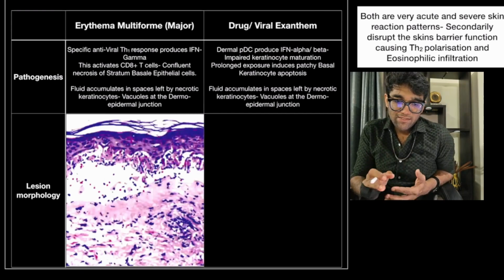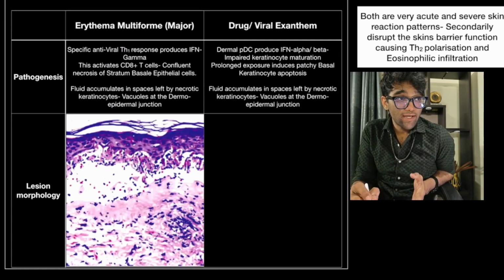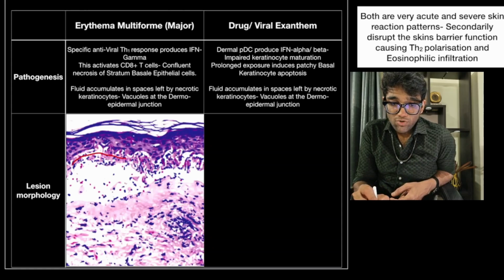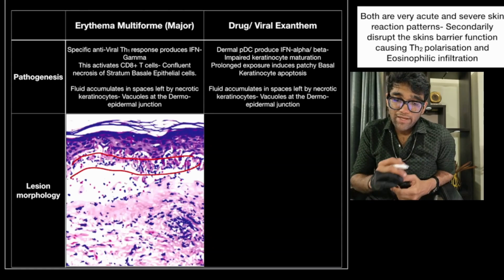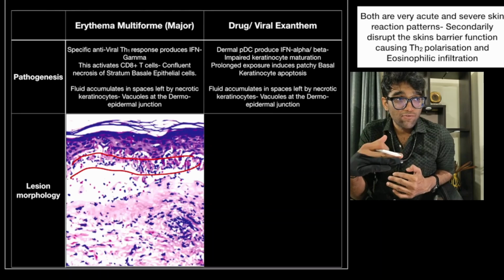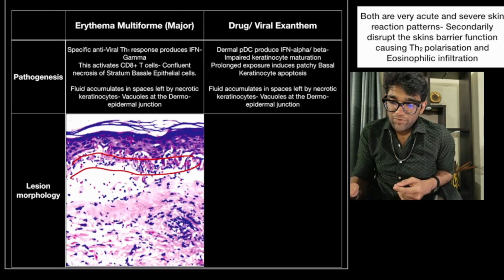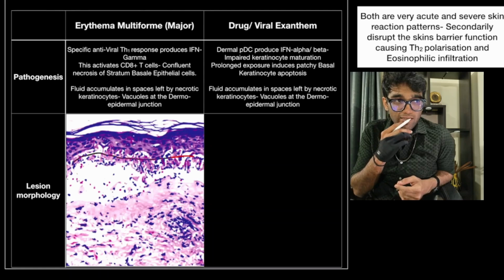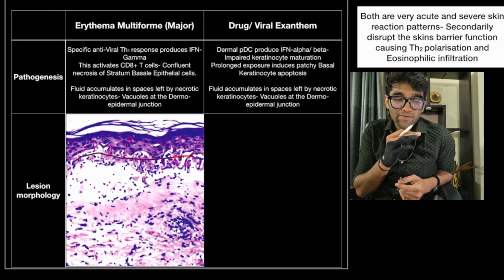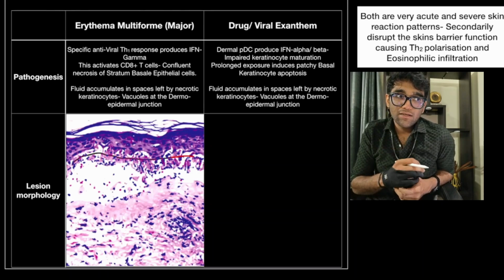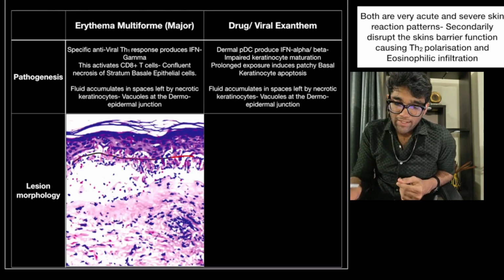What you see is very similar to what we saw with erythema multiforme minor, but here there is so much confluent necrosis of the epidermis that the epidermis is actually separated from the dermis. So that's a very severe lesion. Clinically, for example, if the mucosa is affected, the mucosa essentially separates from the underlying dermis, and there is a loss of mucosal continuity.